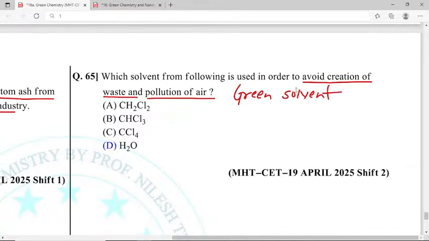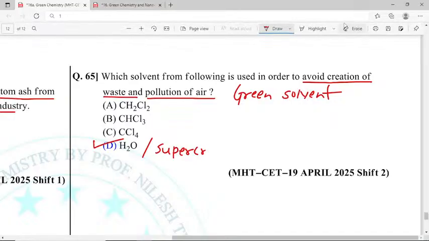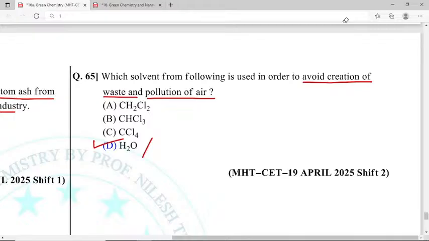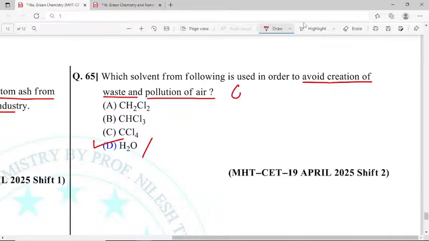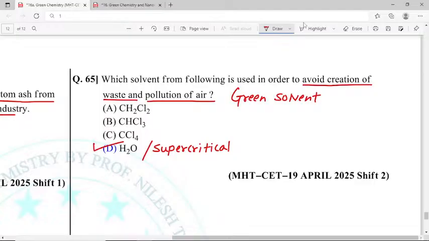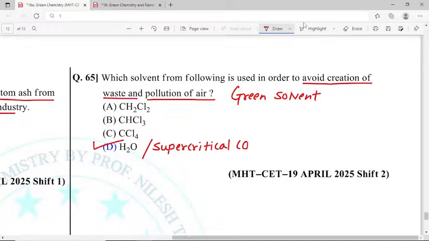So what is the green solvent here? Water, and second, supercritical CO2.